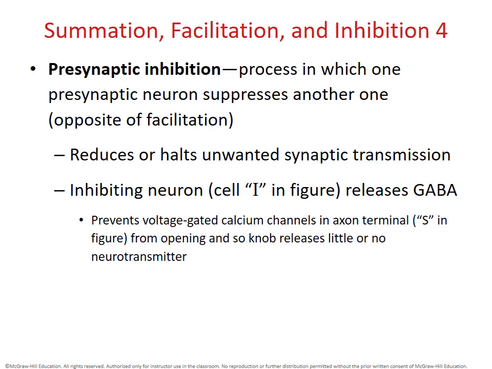The opposite of presynaptic facilitation, of course, would be presynaptic inhibition. In presynaptic inhibition, we have the same basic elements, but instead of the third neuron releasing a chemical that enhances synaptic transmission, instead the third neuron releases a chemical that tends to inhibit synaptic transmission between the pre and postsynaptic fibers.